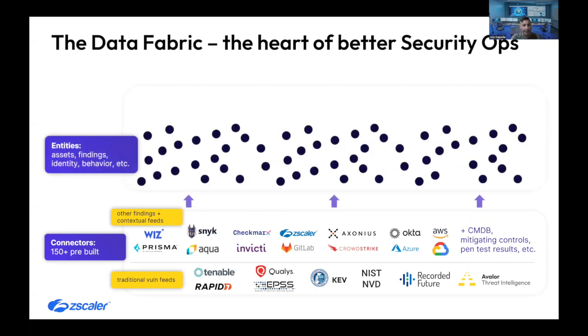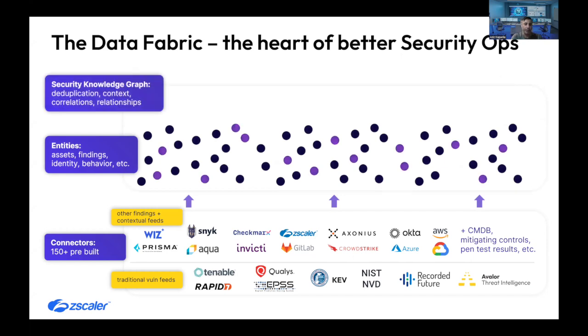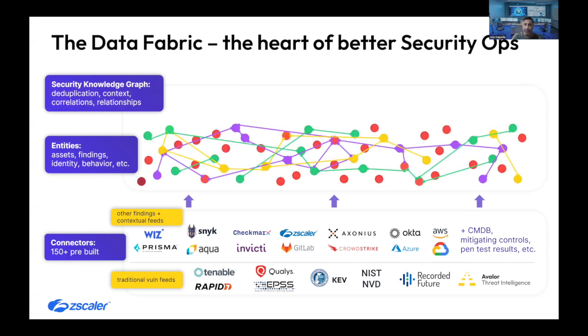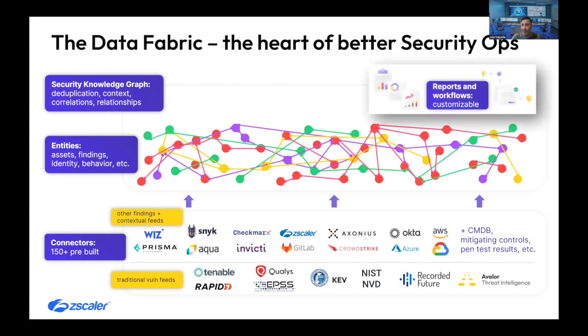Then we roll everything up into entities like assets, findings, applications, business services to deduplicate, contextualize, correlate, build the relationships so you can have a security knowledge graph. Once you have that graph, you can customize any reports, any analytics, any workflows. That's the power of the data fabric for security.